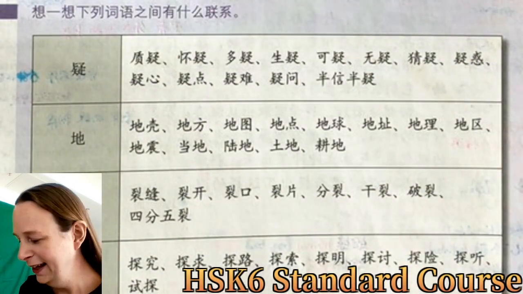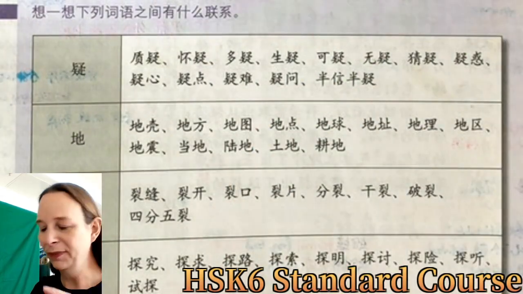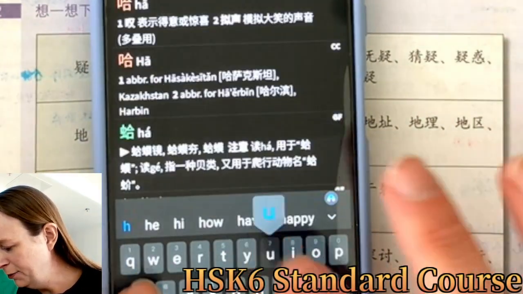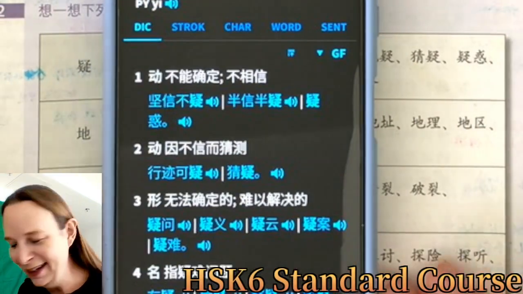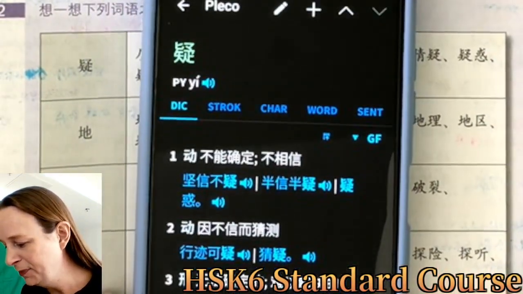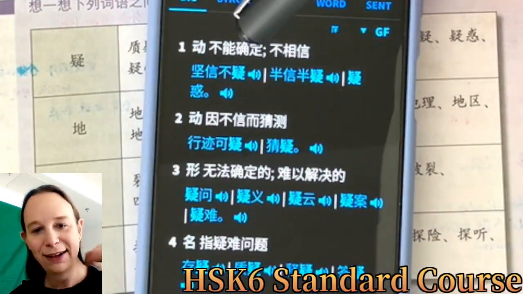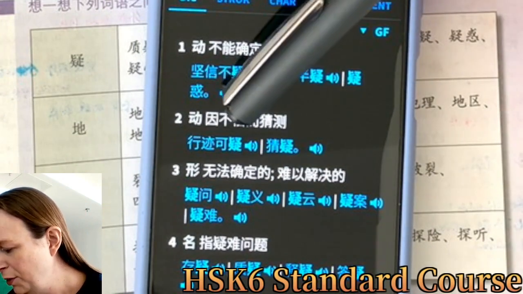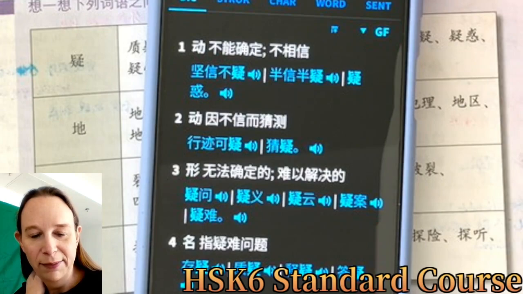就是怀疑的疑 expresses doubt or uncertainty。怀疑，it's a tricky character to write。怀疑，OK，不能确定，不相信。Okay, so unconfirmed or not believed, disbelieved. 因不信而猜测。What do you reckon that means?